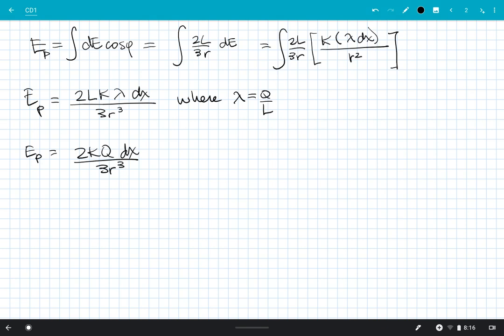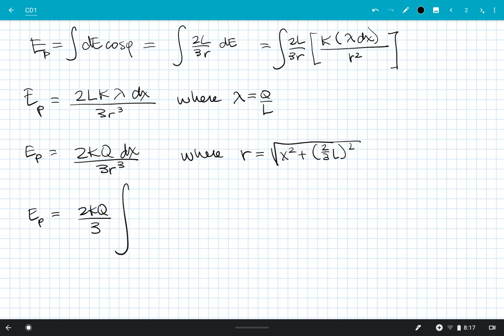And remember, we have R in terms of X, where R is equal to the square root of X squared plus 2/3 L squared. So now I'm going to sub that in. We're getting a little bit more serious here. E at P equals, pulling some stuff out in front, 2KQ over 3, and then dx, leaving some space for that R cubed.